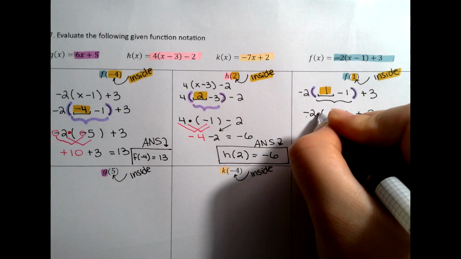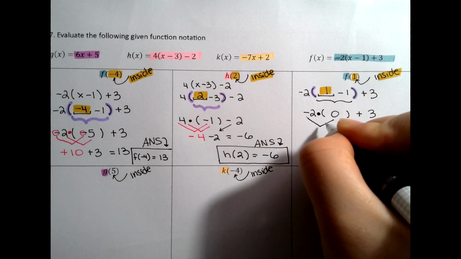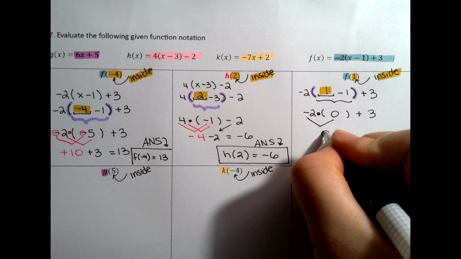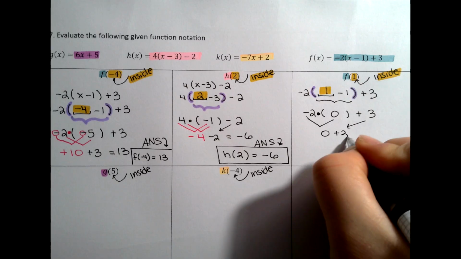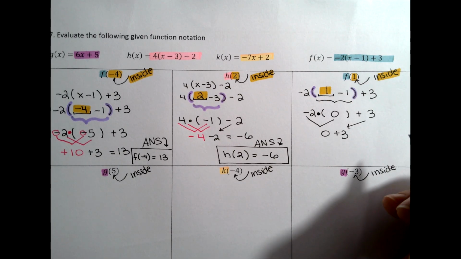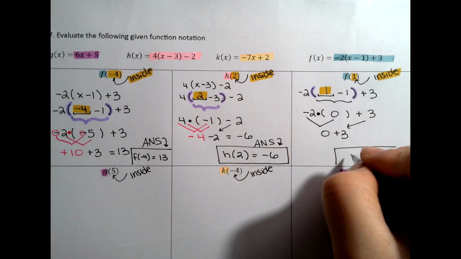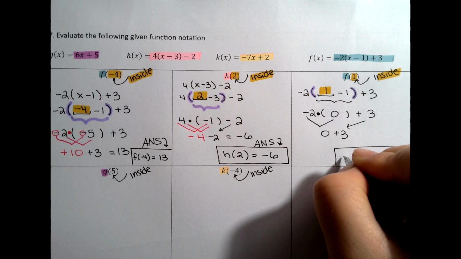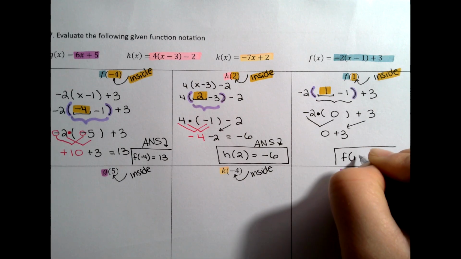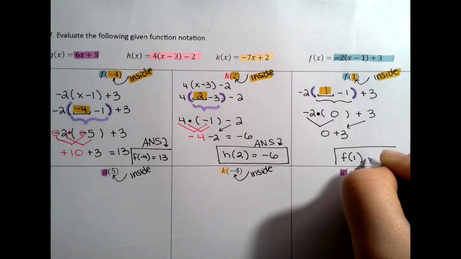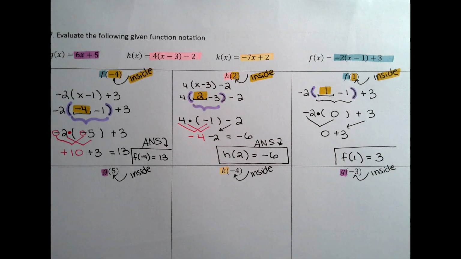This is multiplication. This is times. So negative 2 times 0 is 0. We have a plus 3. So we have our answer of f of 1 equals 3.